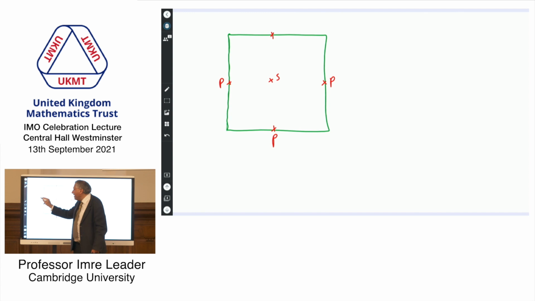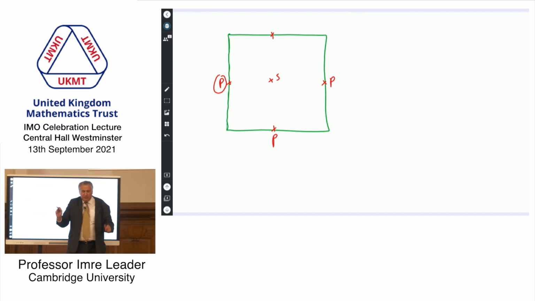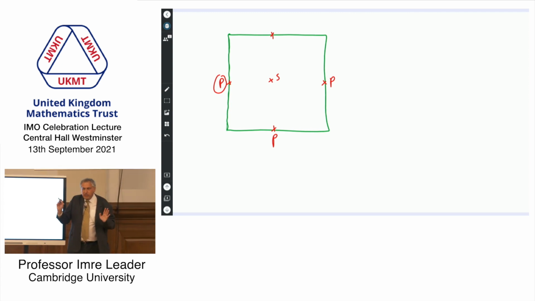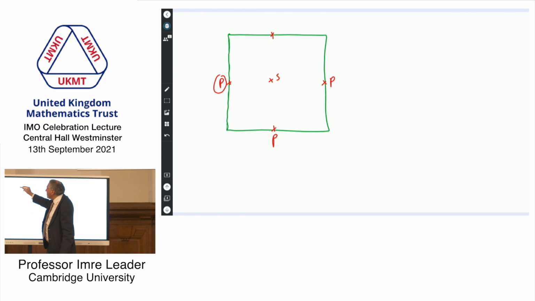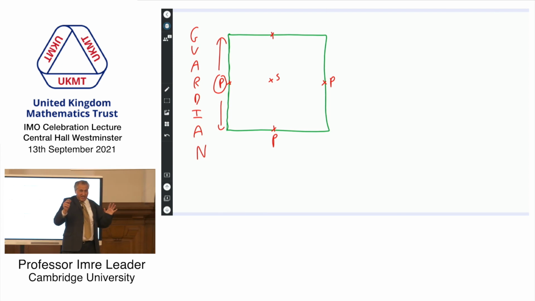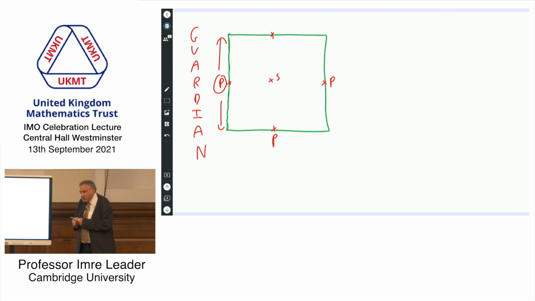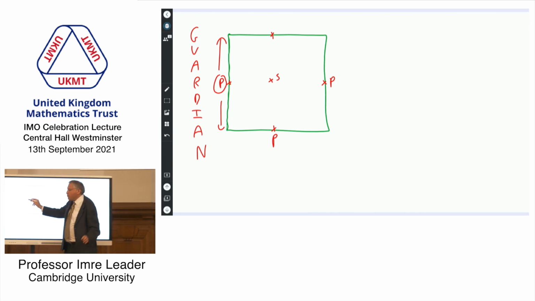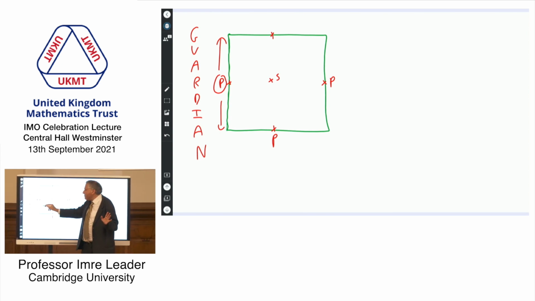This porter here, we're going to promise that this porter is just guarding this edge. So he's the guardian of that edge. Here's what I mean by that, if we can achieve it. What I mean is that this porter promises to never leave this edge.